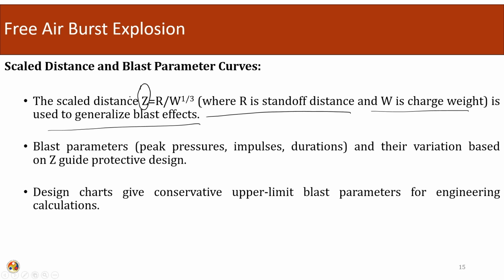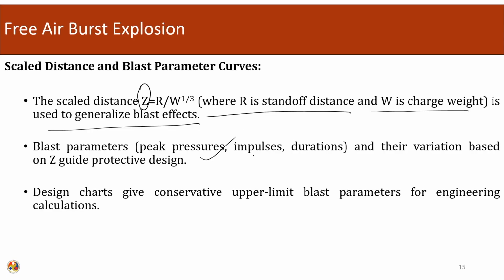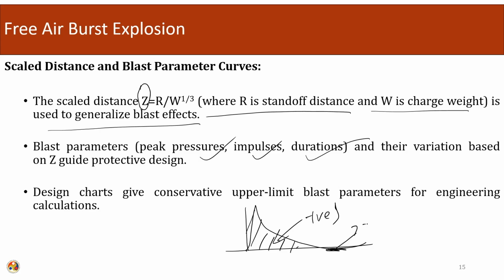In a similar way, equivalent amount of TNT was used to find the generic pattern or generic effect of the blast pressure. So, now we have learnt about the different blast parameters: peak pressure, impulses and durations. Impulse is nothing but the area under the pressure time curve. So, this area will be the positive impulse and this area will be the negative impulse.